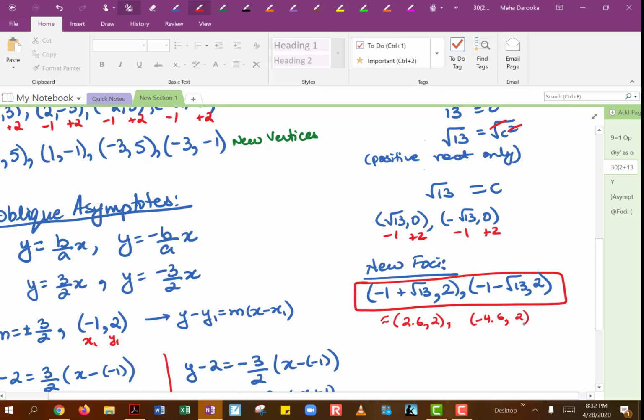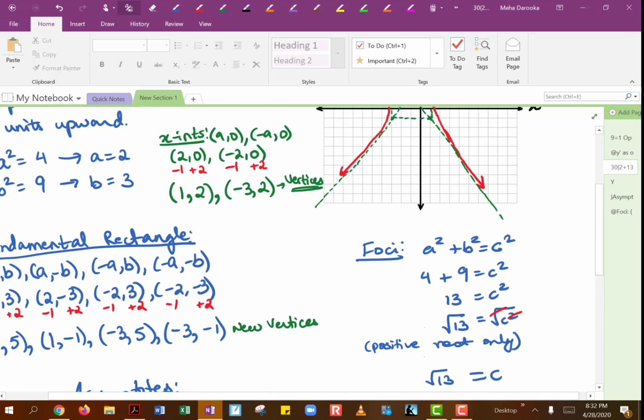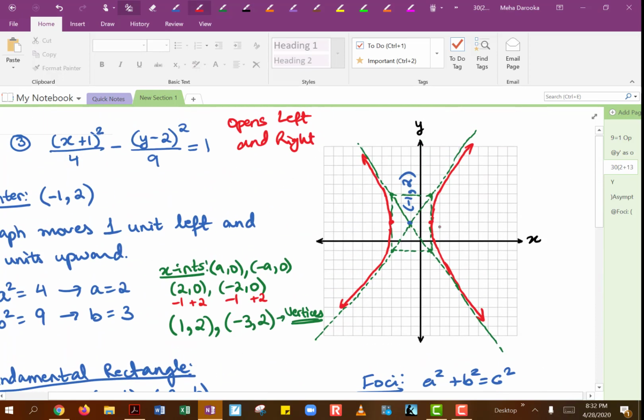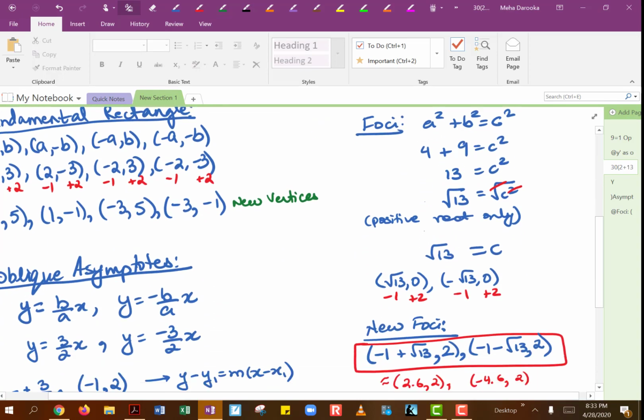So 2.6 and 2, so this is your -1 plus square root of 13 comma 2 for your first foci, and then -4.6 and 2.